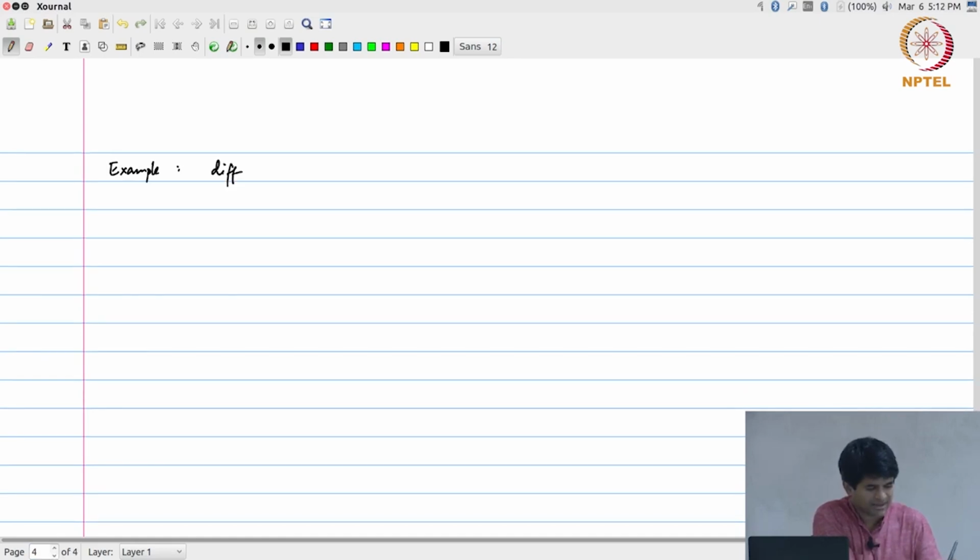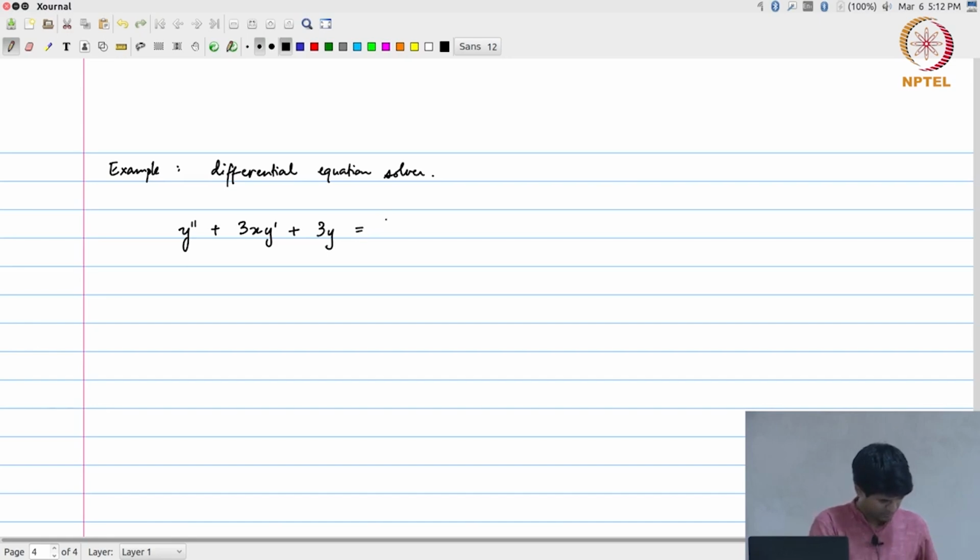And the problem is essentially that you want to do numerical integration of a particular differential equation. The equation that is given is y double prime plus 3x y prime plus 3y equal to 0.